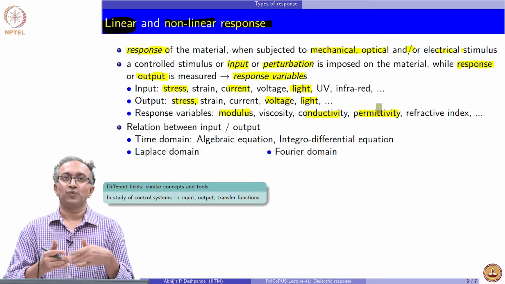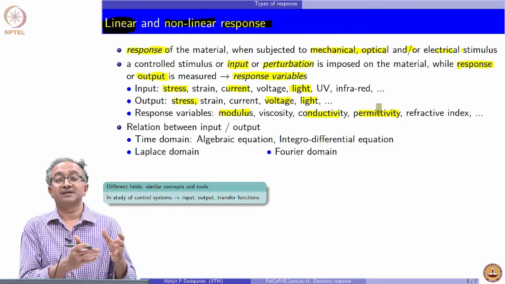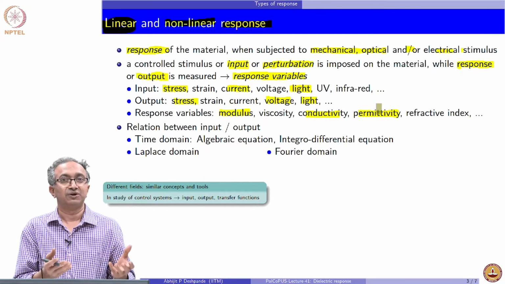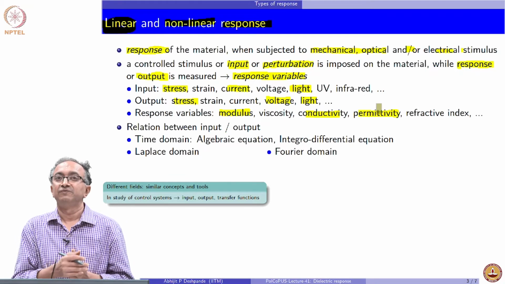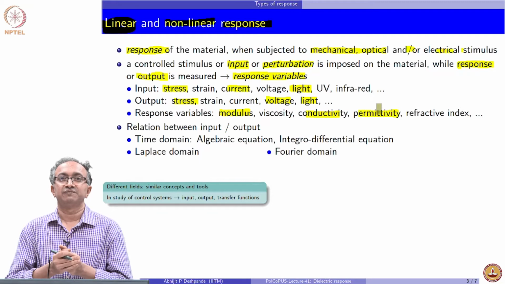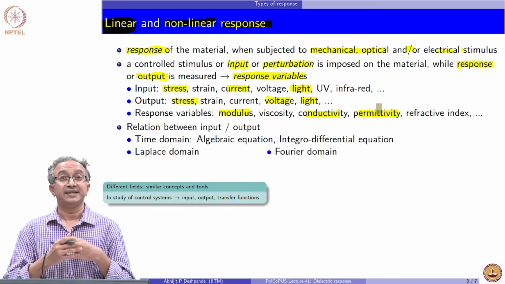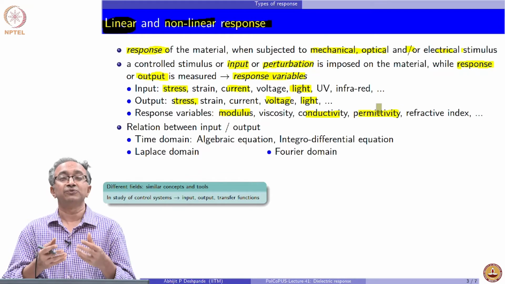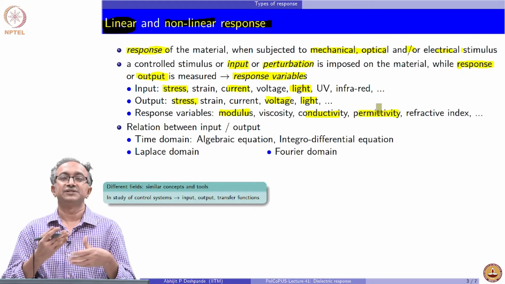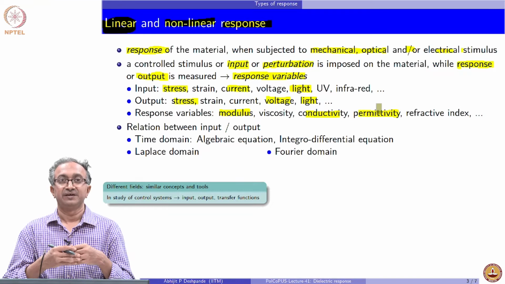But as a way of quantifying, and given that there is a large class of material, we call them Hookean elastic material, where stress is proportional to strain, we then choose to define a response variable called modulus. And then what we try to do is for a material which is non-Hookean, we can see how does this modulus differ, in which way.